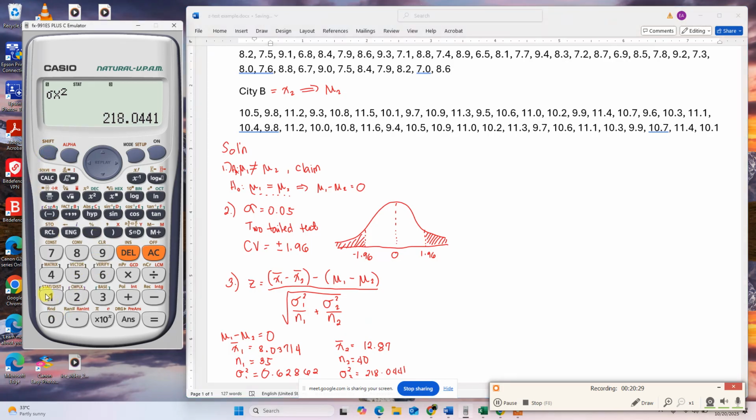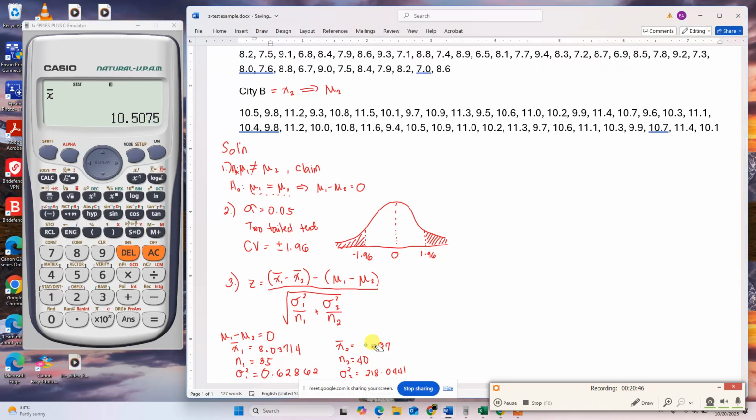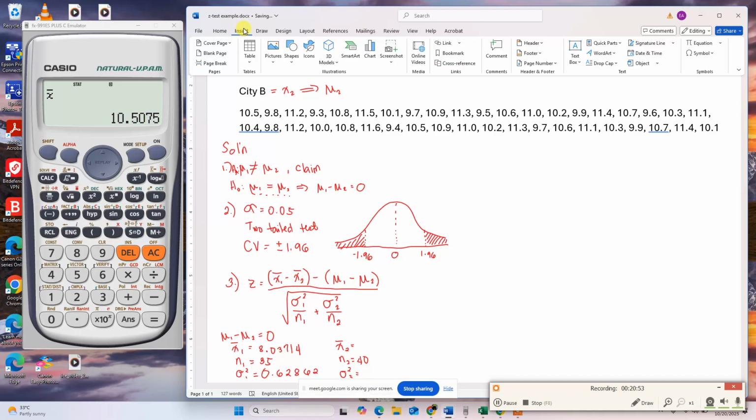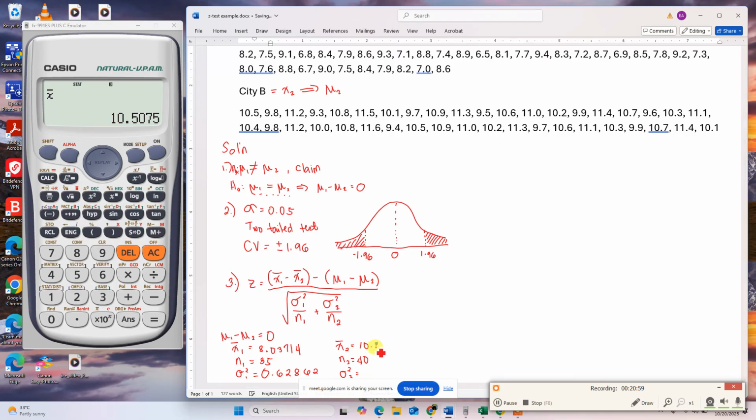Let me check first the data. I might have made a mistake. So the correct mean must be 10 point... let me check. And for sure, this is wrong. This indicates that we have to double check our data.